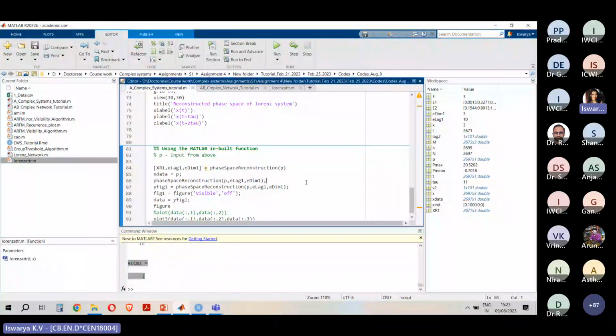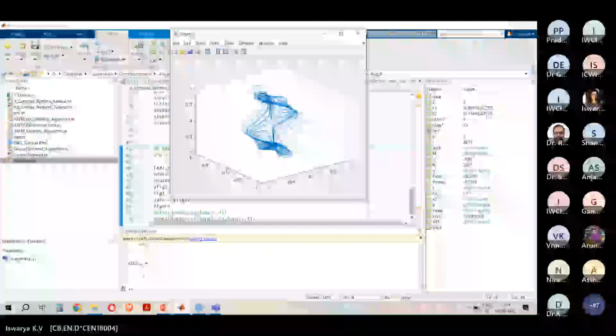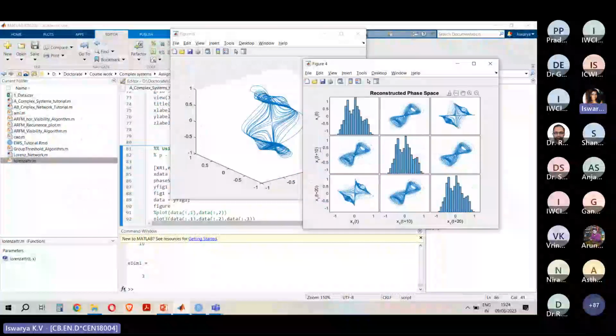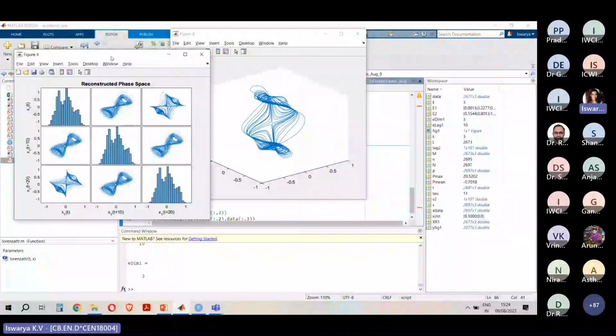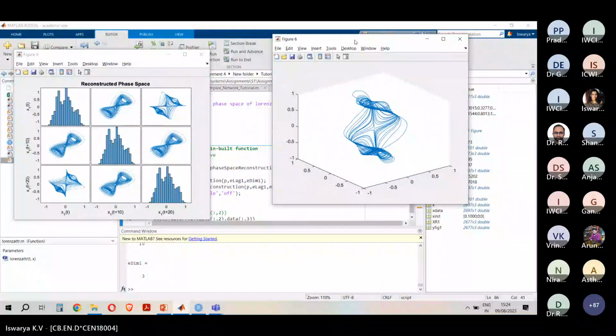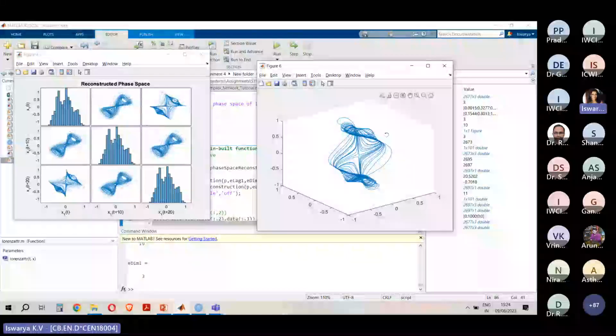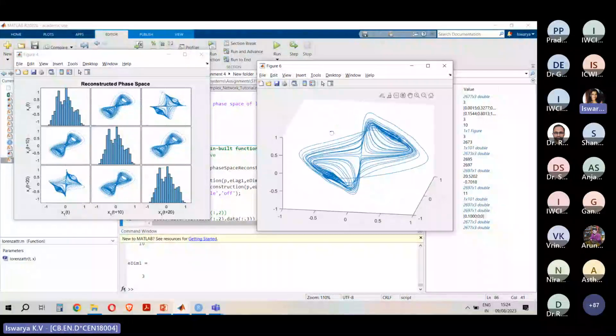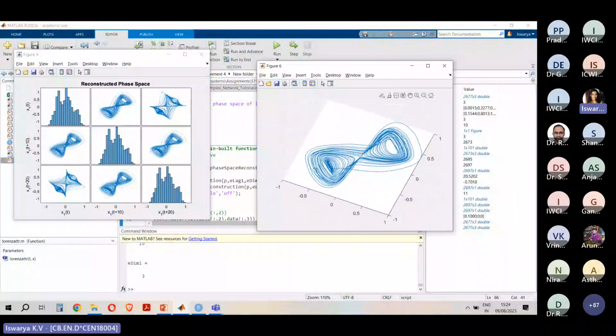So using this, I can run the reconstruction of the phase space. So this is the reconstruction of the phase space using the inbuilt function in MATLAB. I'll just turn this so that we can see the butterfly diagram over here.